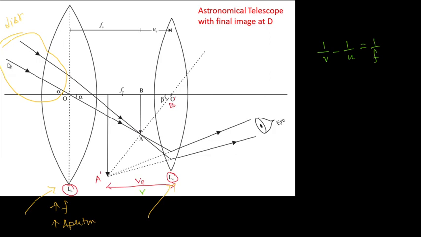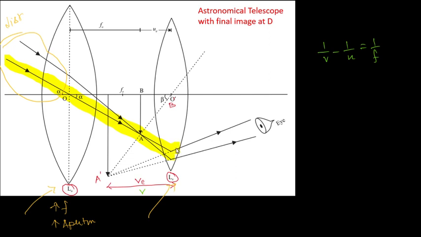So when the ray passes through O, the optic center of the first lens, it goes undeviated and strikes the second lens here.